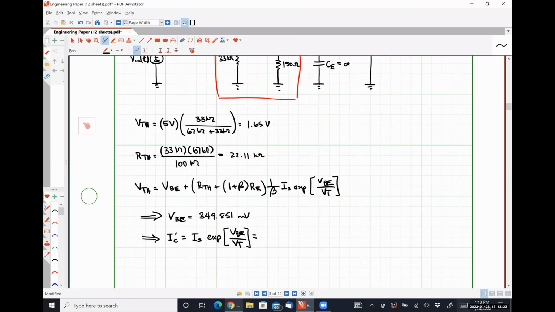And I got 3.489 milliamps. Now, the derivation of our small signal model parameters relies on the fact that this is supposed to be biased in the forward active region. So just for the sake of argument, I'm going to check and make sure that that's true.